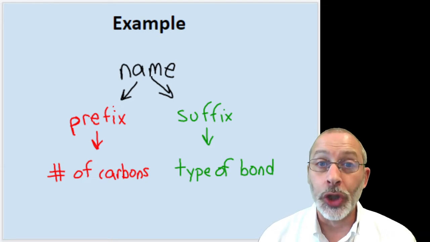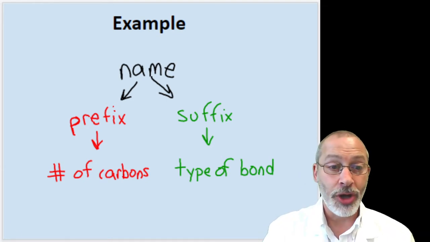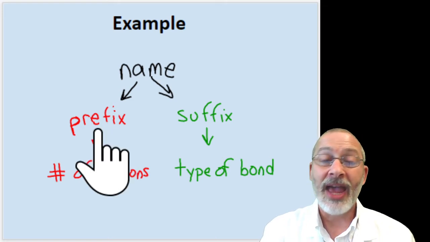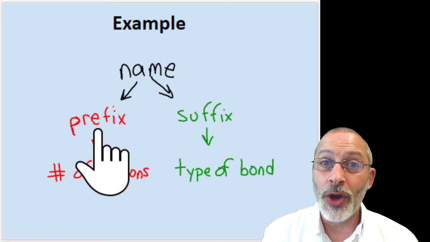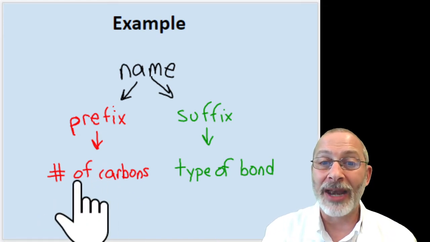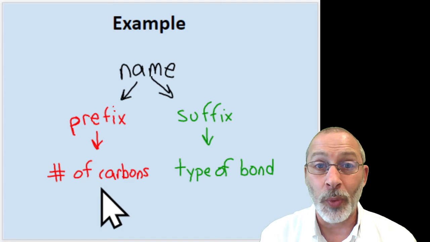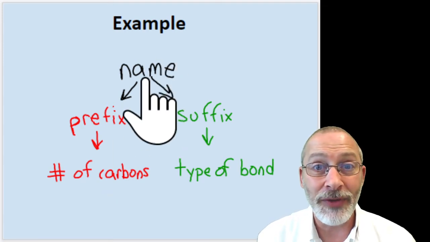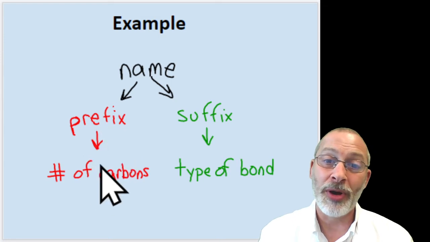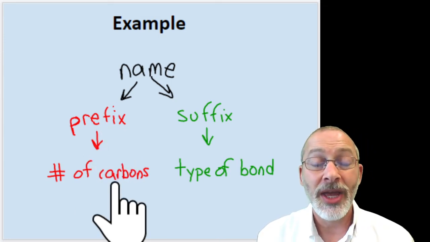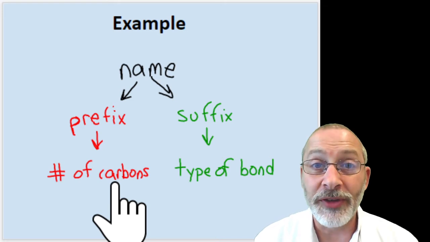You're going to look at that name, and you're going to look at the prefix. And when you look at the prefix, that's going to tell you how many carbon atoms are going to be in one molecule of whatever name hydrocarbon I give you. So the beginning part of your flow chart here tells you the number of carbons by looking at the prefix.